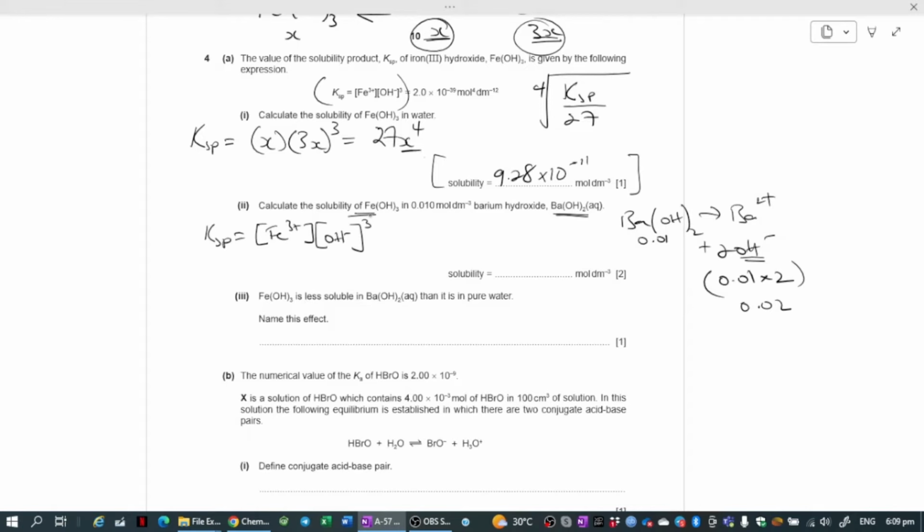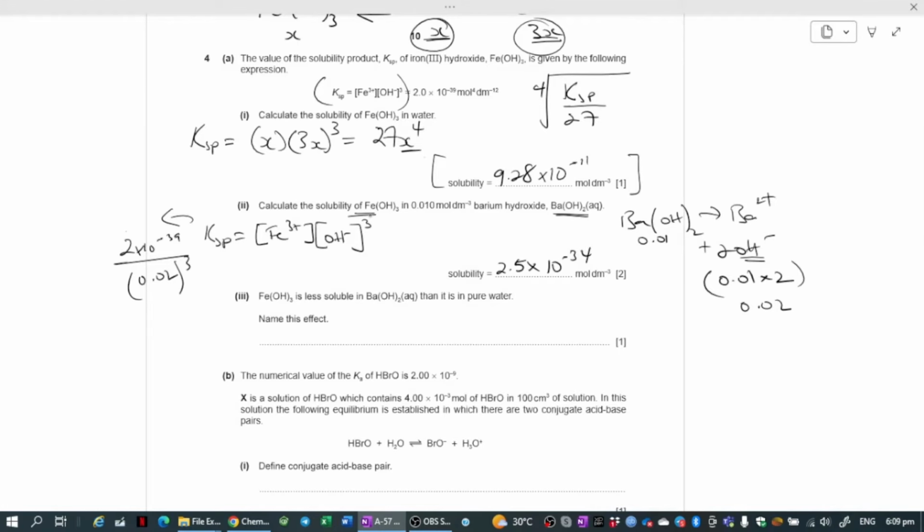So all what is required for us to do is to just substitute in our values and solve for Fe3+. So we should get that the KSP value, which is 2 by 10 to the negative 39, divided by 0.02 cubed, and this gives us the concentration of Fe3+, which we should get to be 2.5 by 10 to the negative 34 moles per cubic decimeter.